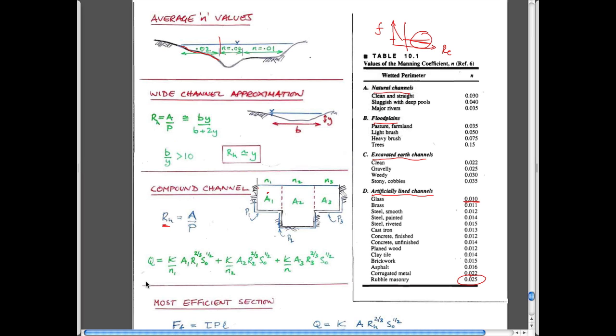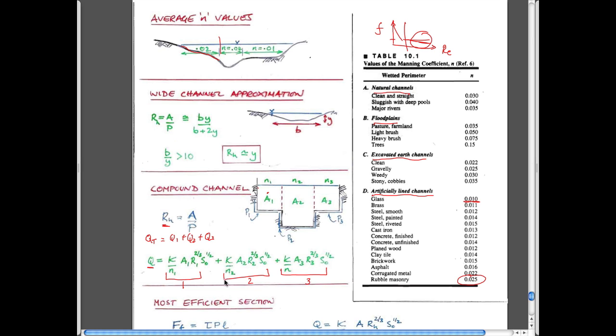And so you can calculate the flow rate merely by summing up the components due to the flow in channel 1, the flow in channel 2, and the flow in channel 3. All we're doing is saying that Q total is equal to Q1 plus Q2 plus Q3.